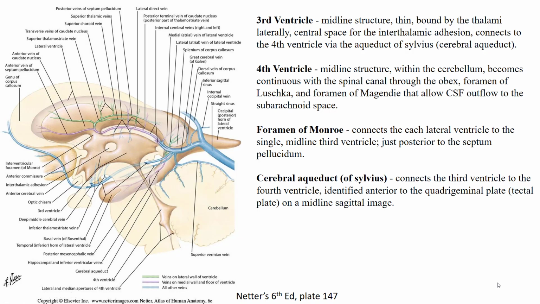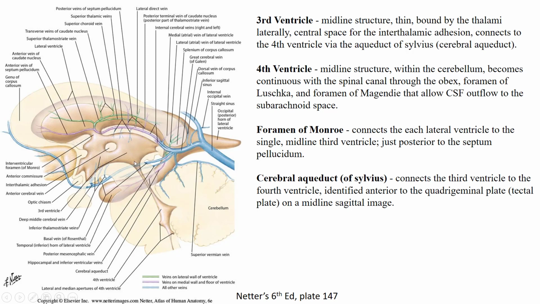So talking through the language of the third and fourth ventricles, the foramen of Monroe and the aqueduct of Sylvius. The third ventricle and the fourth ventricle are singular midline sagittal structures. So the third ventricle is a midline structure. It's thin.